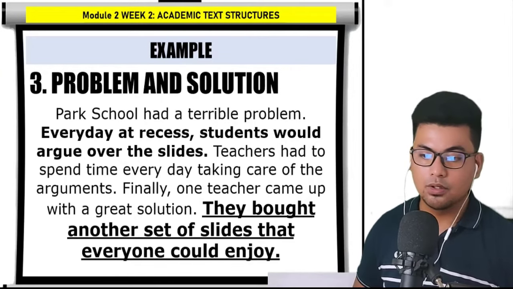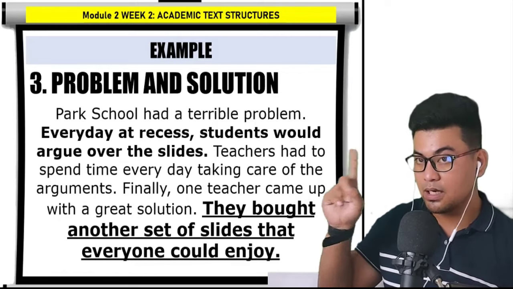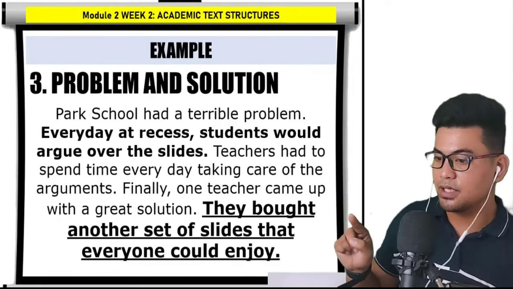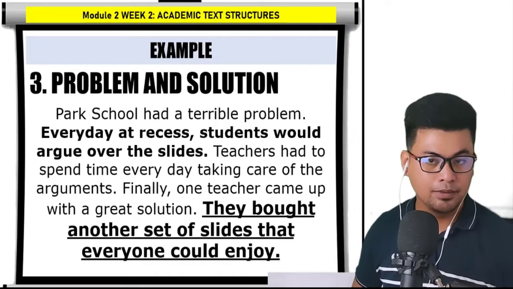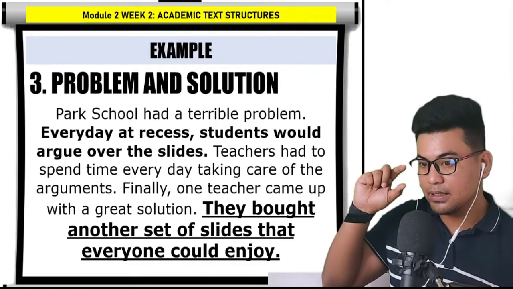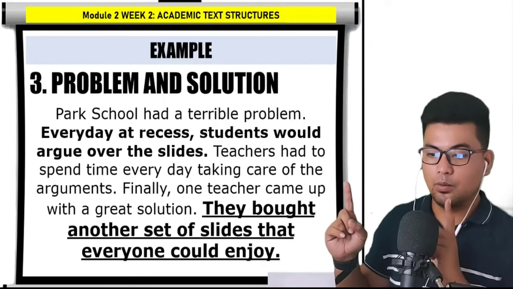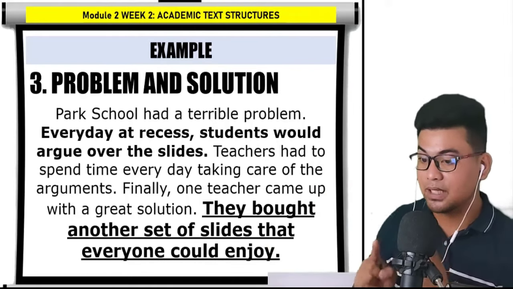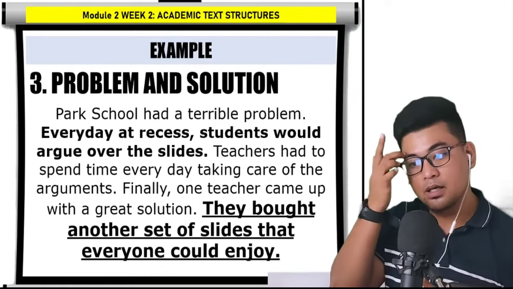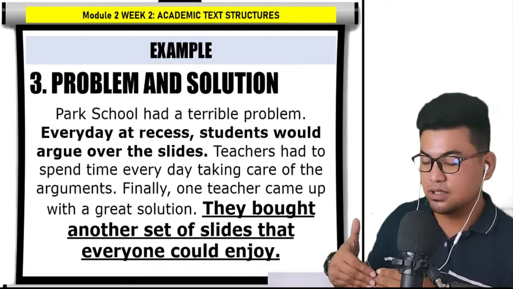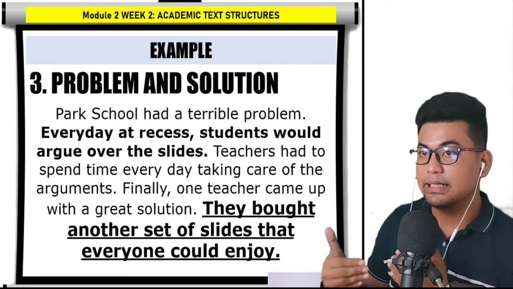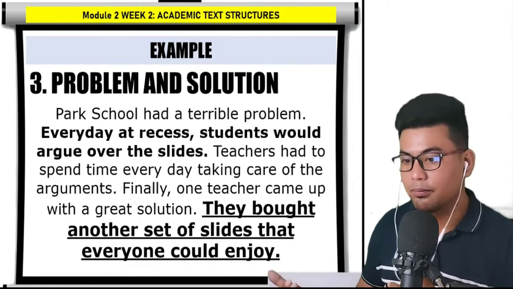Alright? So, it is written there, terrible problem. So, this is a problem, and you can also see there's a great solution. I highlighted the sentence pertaining to the problem and the sentence pertaining to the solution. Okay? Though there's transitional words, it can also be identified in the sentence form. All right.